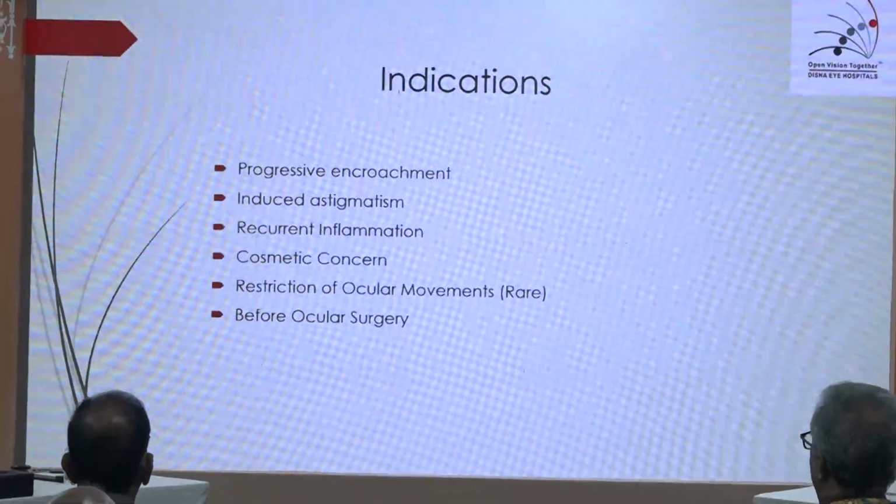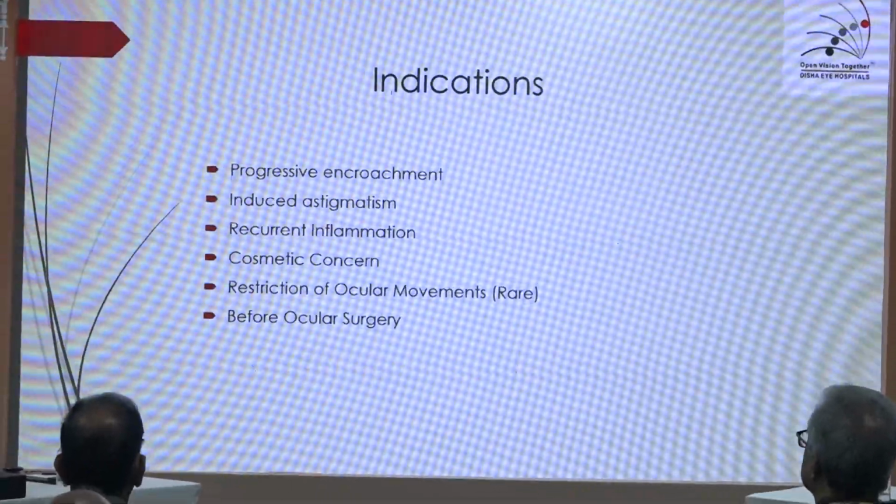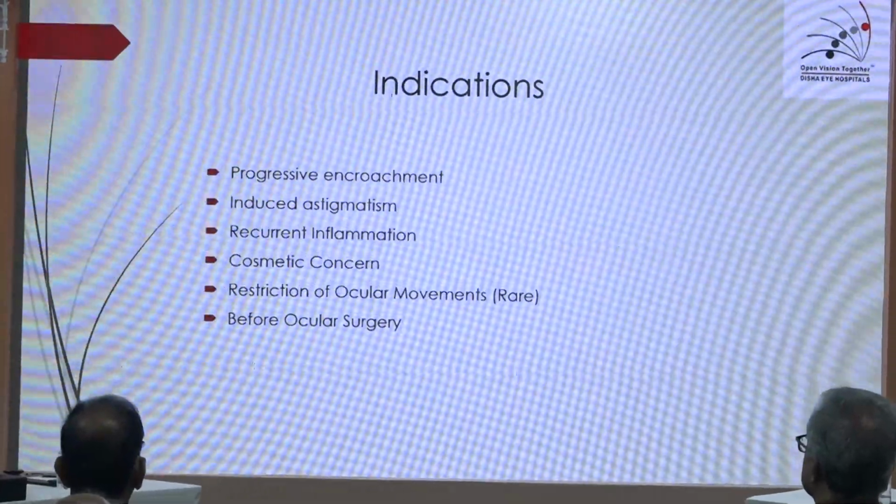Everyone knows that pterygium is a degenerative fibrovascular growth of conjunctiva extending onto the cornea. Double pterygium refers to involvement of both nasal and temporal sides in the same eye. Progressive encroachment from both sides can induce astigmatism, and that can significantly affect visual quality.